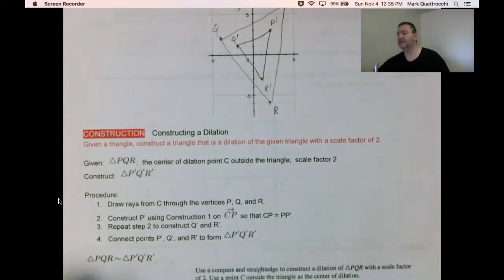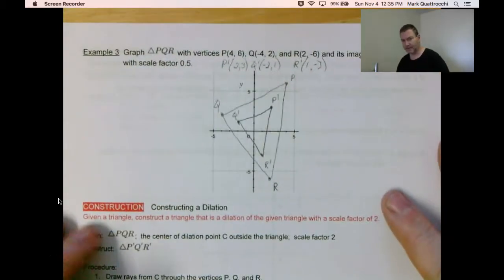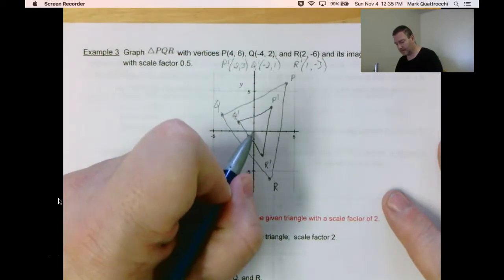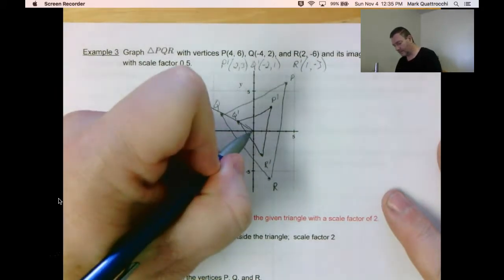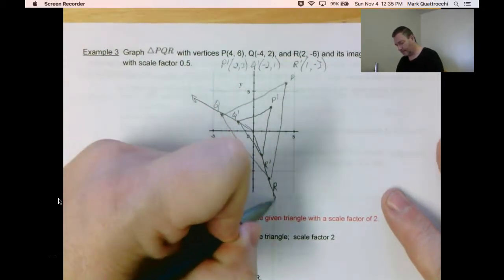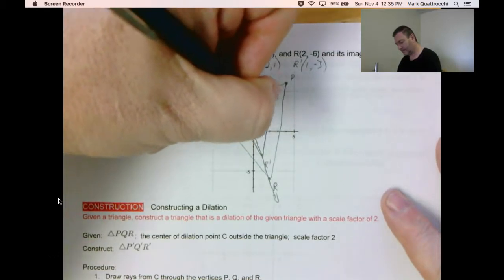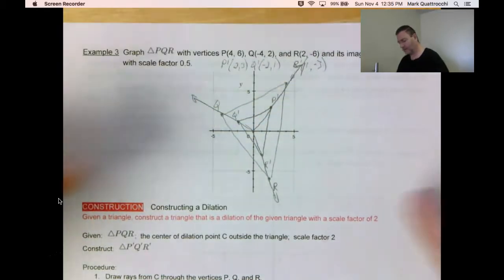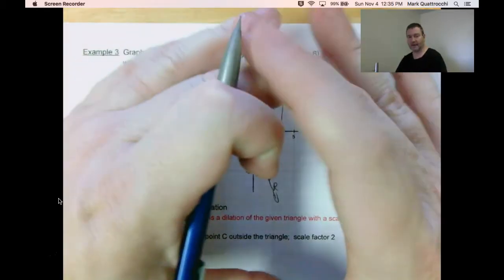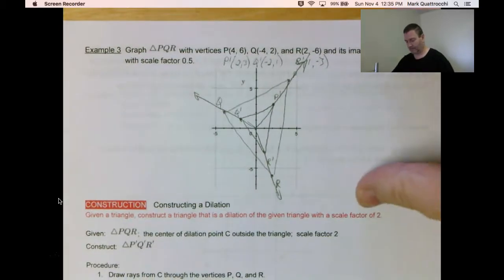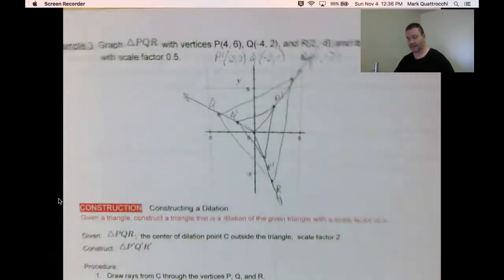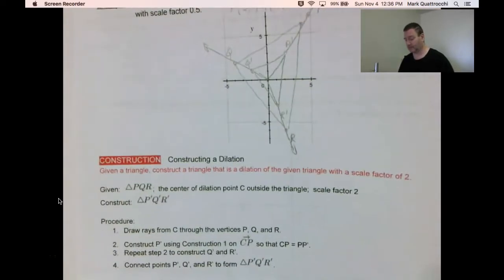It's a little bit easier to see it in this picture. This time it's shrinking in, but it's still the same radiating out or shrinking in visual. Okay, learn how to do a dilation and construction dilation by watching previous video.